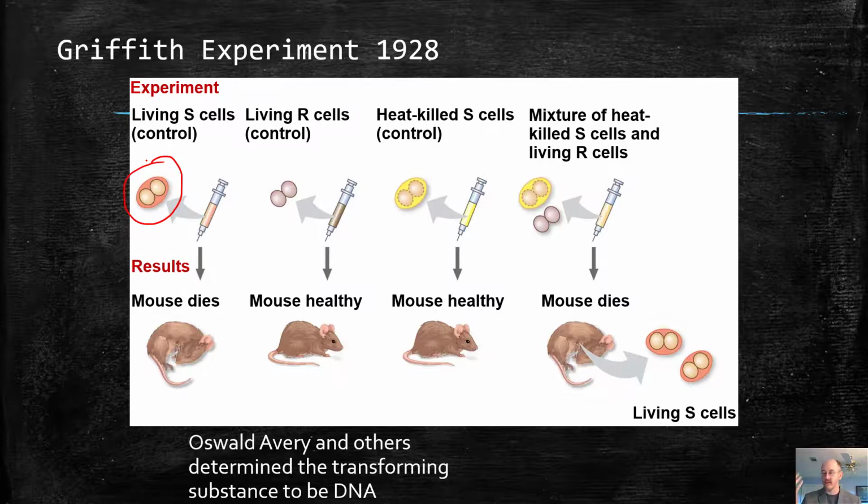And he mixed them with living R cells, which do not cause disease, and he puts them together, injects the mouse, and the mouse is dead. He takes a sample from the mouse, and he finds living S cells inside. So somehow, living R cells were converted to living S cells. And so he calls this process transformation.